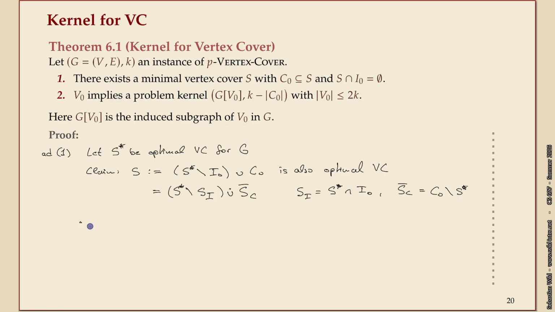So part one is S is a vertex cover. Let's try to prove that first. When we add more vertices from this SC bar, we will not uncover any edges. So the only potential problem could be the vertices that we remove, right?